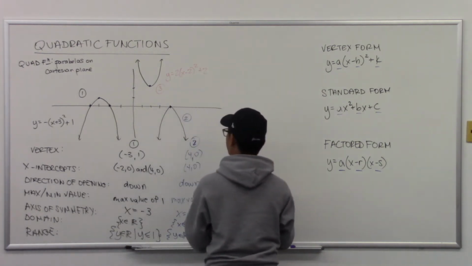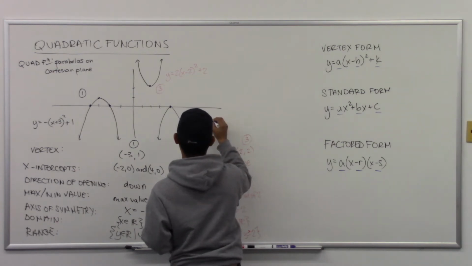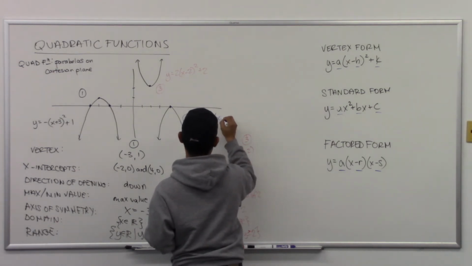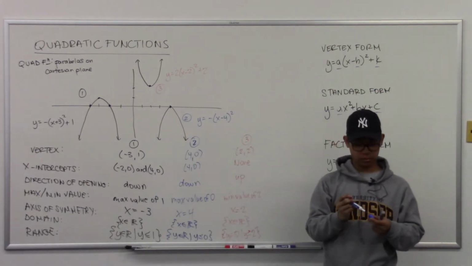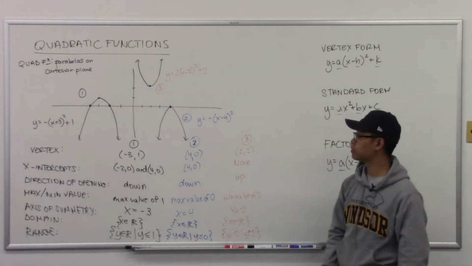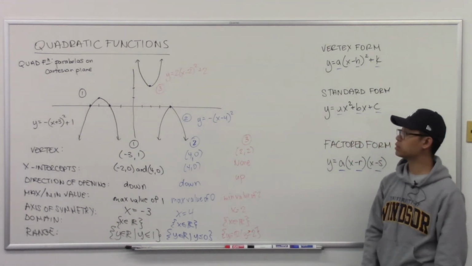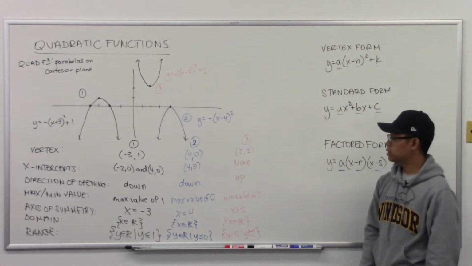And this blue one is y is equal to negative x minus 4 squared. These are what they are in vertex form. Okay?